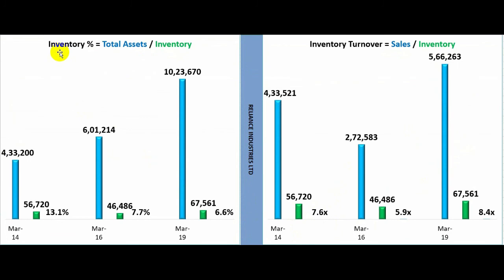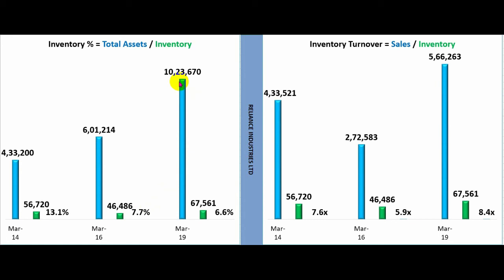Next, we are trying to understand how much the inventory was as a percentage of total assets. We don't want a very high inventory holding in the business until and unless there is an order pending which it has to fulfill. In 19, the overall inventory percentage was just 6.6. Whereas if you look at 14 and 16 values, it was very decent at around 13 and 7.7%. We don't want a very high inventory holding, as I mentioned earlier.